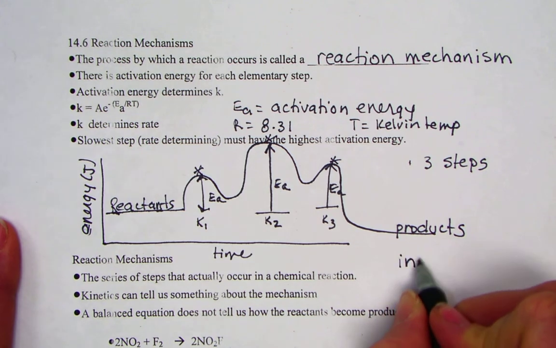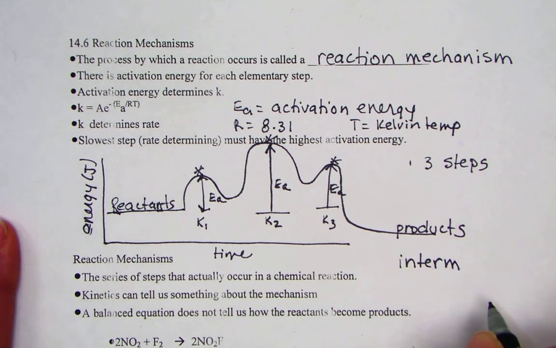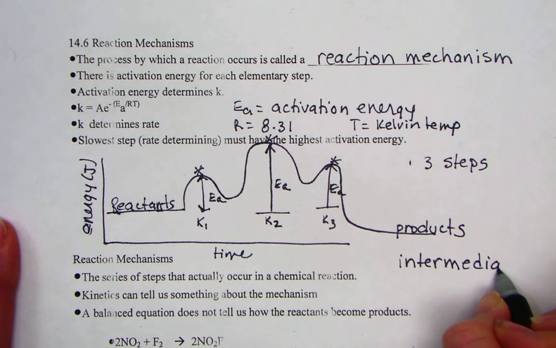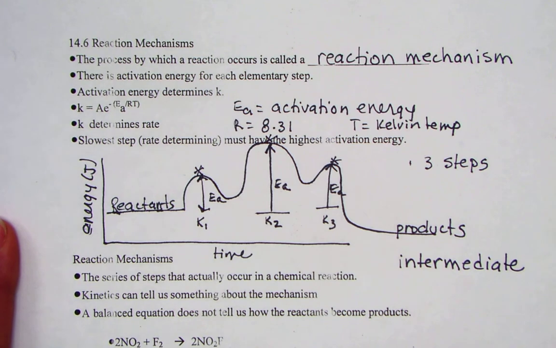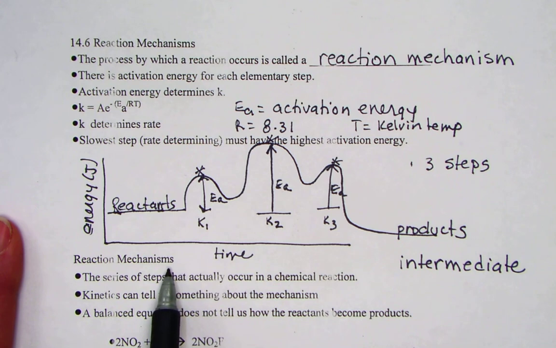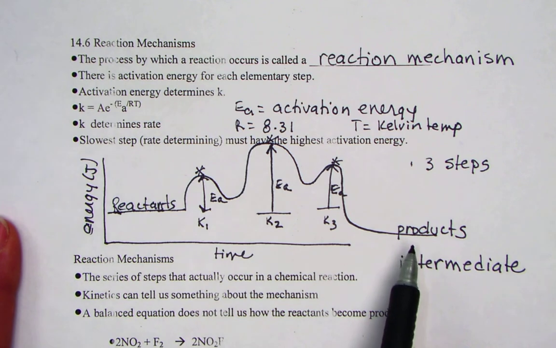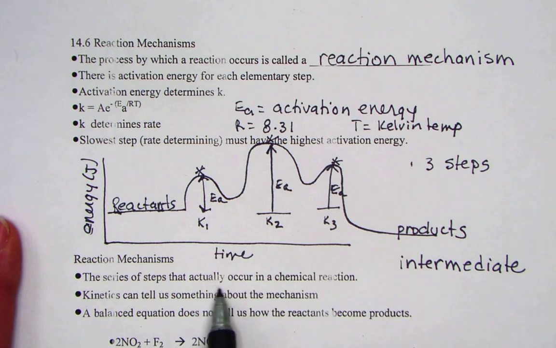An intermediate is something that is made by a collision but then gets used up in the next step. An intermediate gets made but then immediately used. So we're looking at a reaction mechanism really as the pathway that reactions follow to achieve reactant-product overall equations. It's a series of steps that actually occur in a reaction.